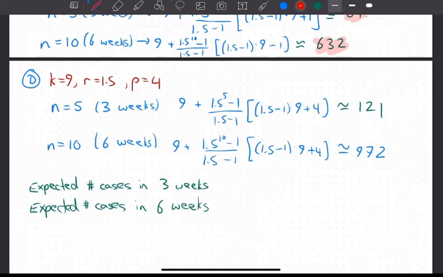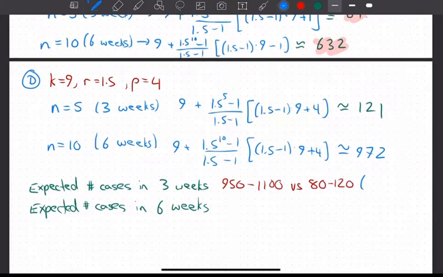Right, so here we're talking about either 950 to 1100 versus 80 to 120, assuming our modeling assumptions are valid. So that's a factor 10 difference.